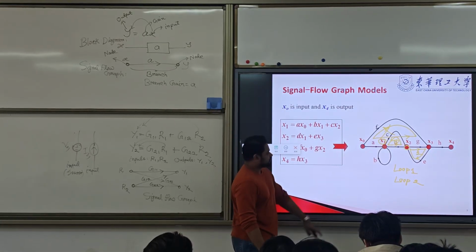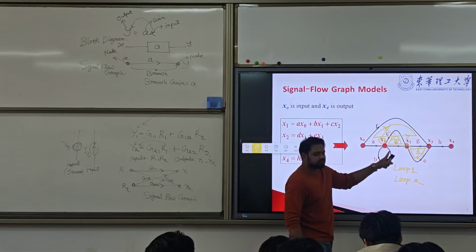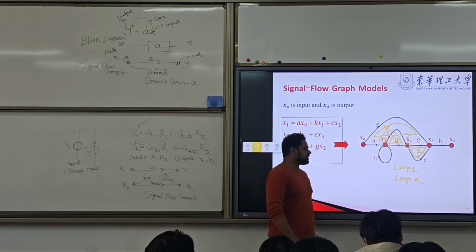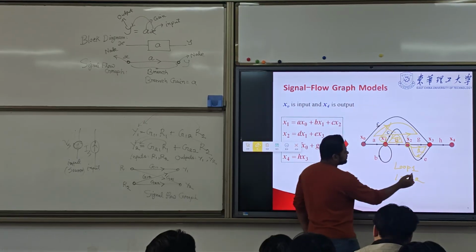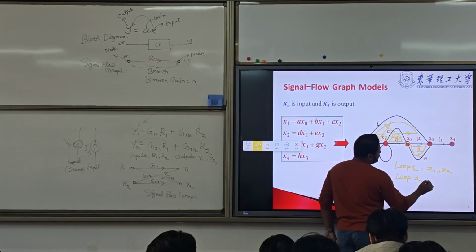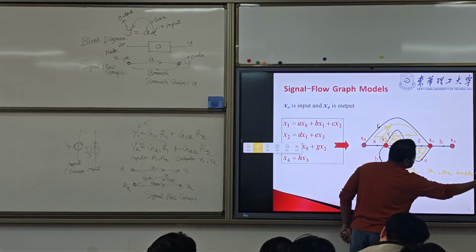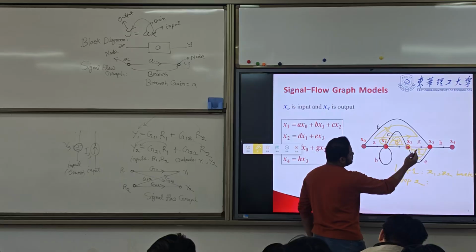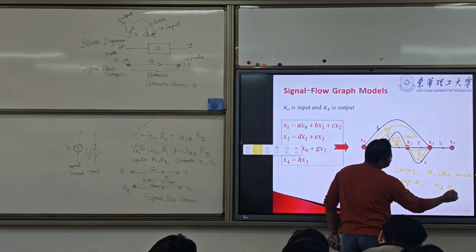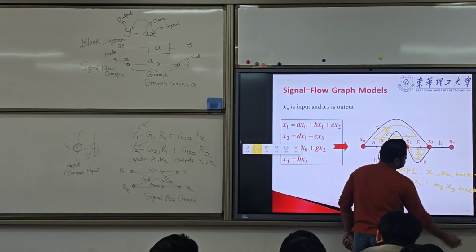Feedback loops. One, it is x1 to x2, coming back to x1 again. Second one, x2 to x3, coming back to x2 again. So here it is x1, x2, back to x1. Loop 2, x2 to x3, back to x2.